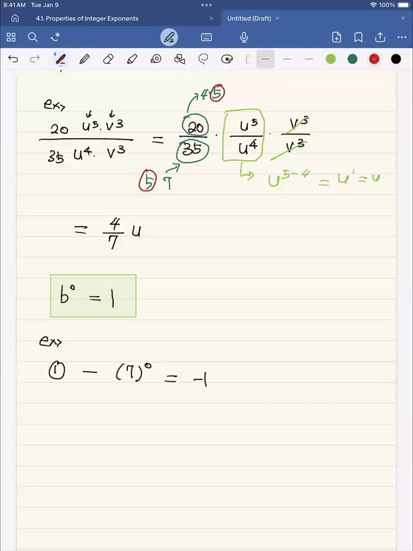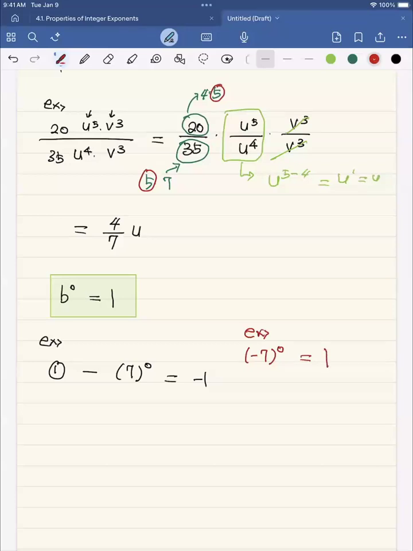What is important to notice is if we have parenthesis negative 7 to the 0 power, then this is the base number. So 0th power is applied to this negative 7 base number.